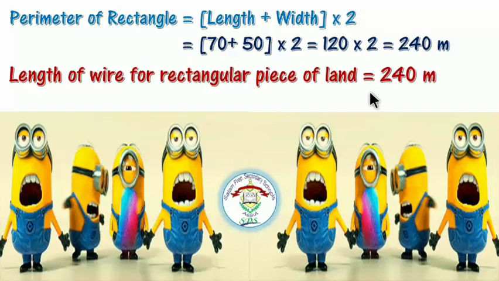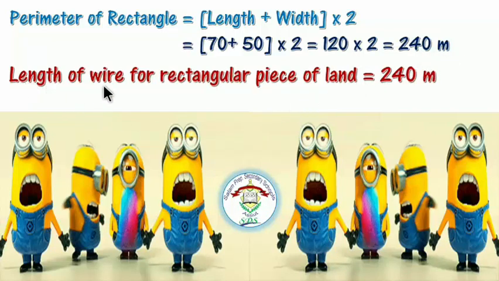Perimeter of the land: we will calculate the perimeter of the rectangle. The land is in the form of a rectangle. So perimeter of rectangle equals length plus width, all times 2, equals length 70 plus width 50, all times 2. 70 plus 50 equals 120, times 2 equals 240 meters.